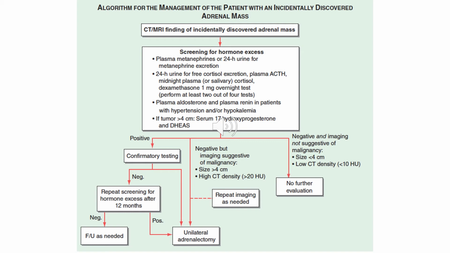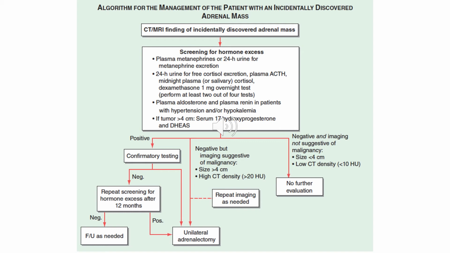Furthermore, autonomous cortisol resulting in Cushing syndrome requires exclusion, and in patients with hypertension or low serum potassium, also primary aldosteronism. Now, if the mass is greater than 4 centimeters, serum 17-hydroxyprogesterone and dihydroepiandrosterone sulfate is also indicated.